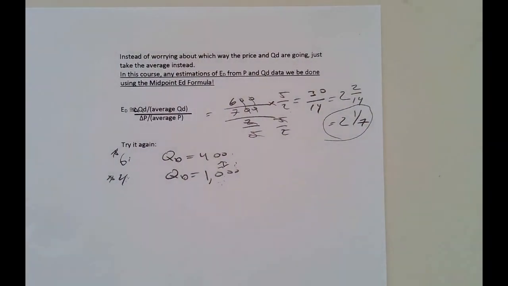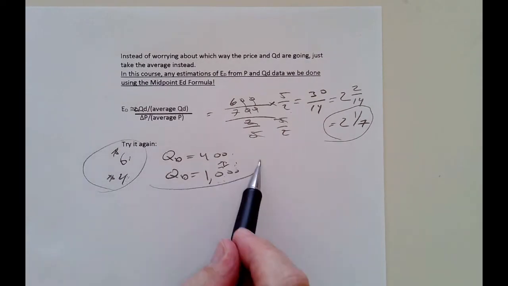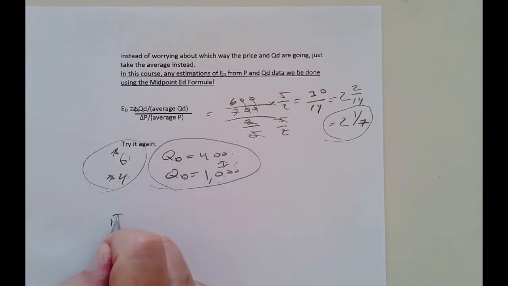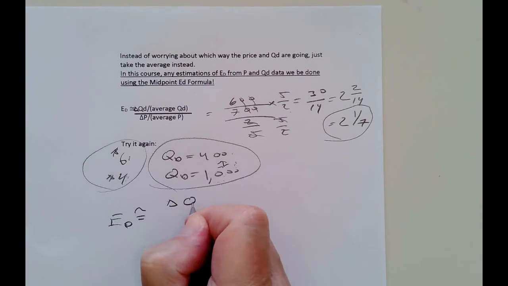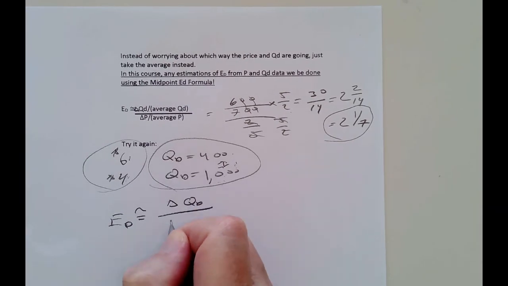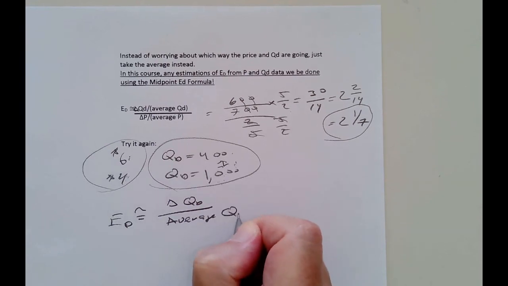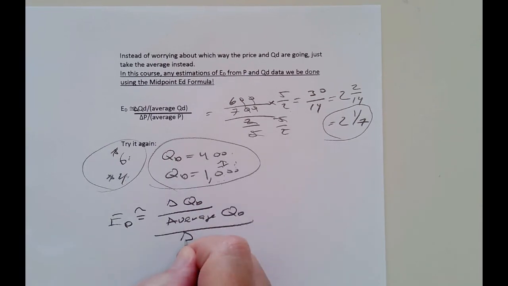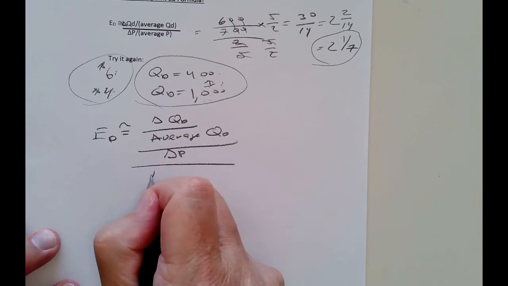So on the exam, if I gave you two prices and two quantities, you're going to estimate the price elasticity of demand using the midpoint formula, which is the change in the quantity demanded over the average quantity demanded over the change in price over the average price.